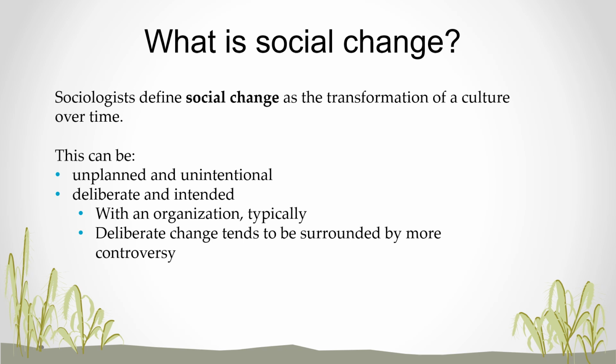When it is deliberate and intentional, it usually occurs with an organization of some kind driving it. Deliberate change also tends to be surrounded by more controversy. Certainly, when there is great unintentional change, there can be some controversy, but the huge controversy comes with intentional change.